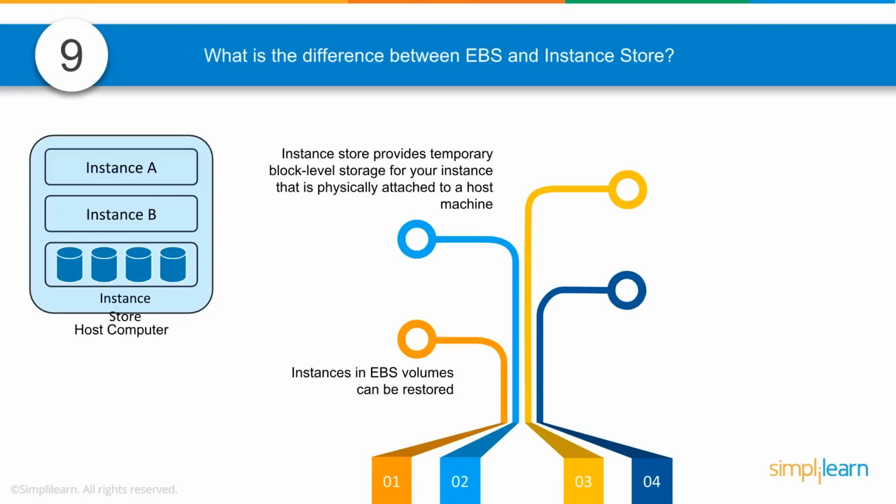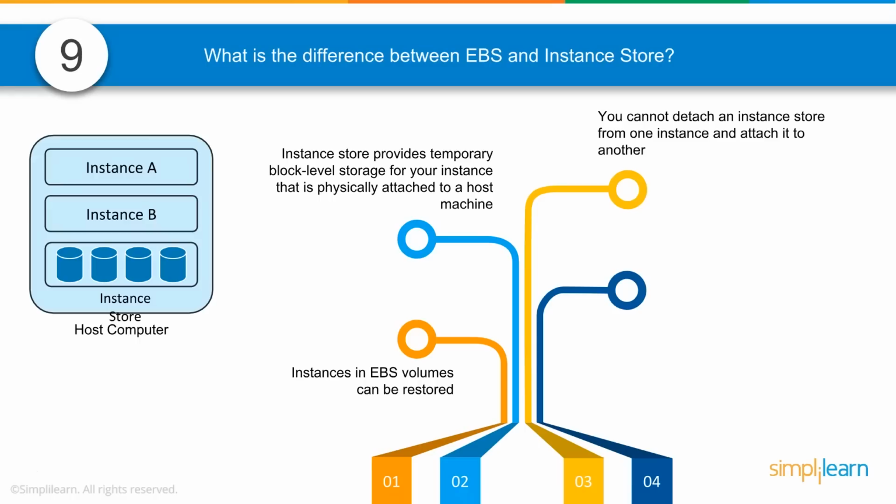On the other hand, instance store is temporary storage, and that storage is actually physically attached to the host of the machine. EBS is an external storage, and instance store is locally attached to the instance or the host of the machine. We cannot detach an instance store from one instance and attach it to another, but we can do that with EBS. So that's a big difference.